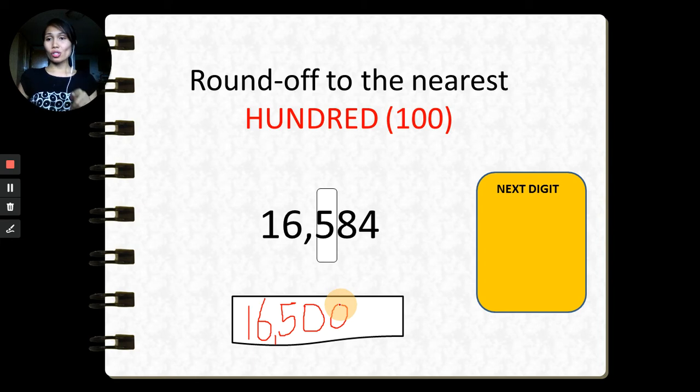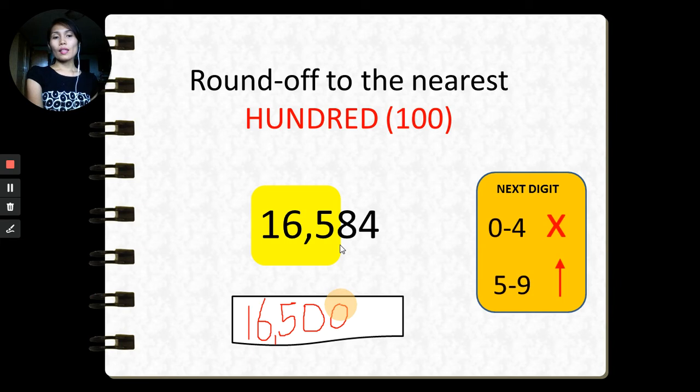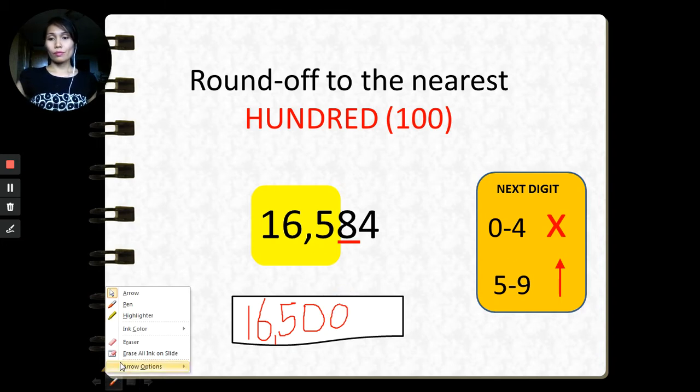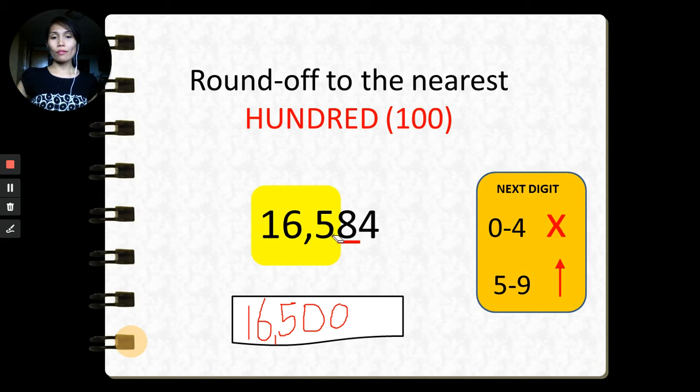If the next digit, okay, we're talking about 8 here, the next digit after 5, since 5 is the hundreds, is more than 5 or 5 above, then we have to add 1 with the 5. So we have to add, look here, since 8 is more than 5, then we have to add 1 with the 5. So 5 here becomes 6.